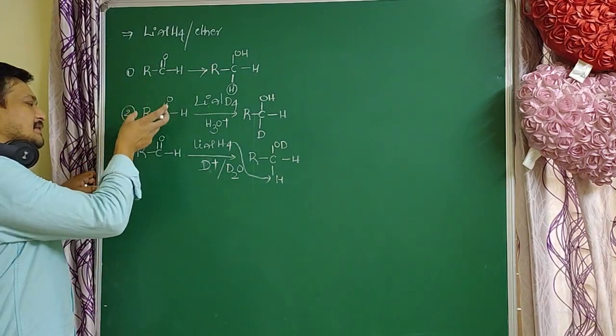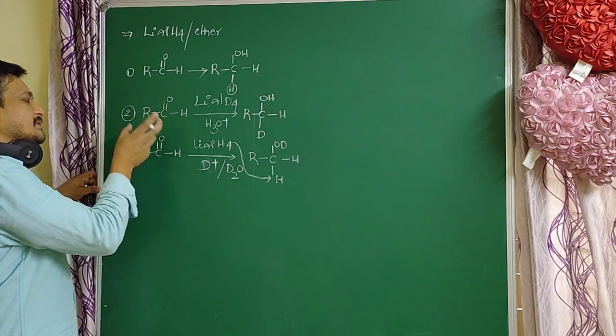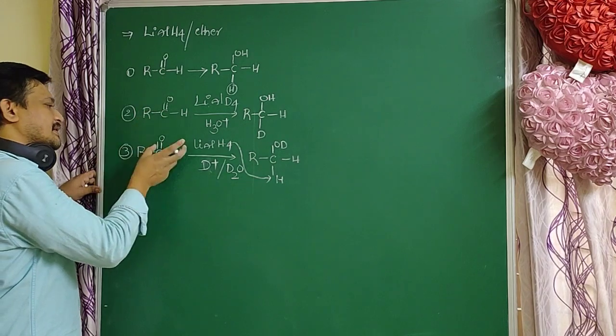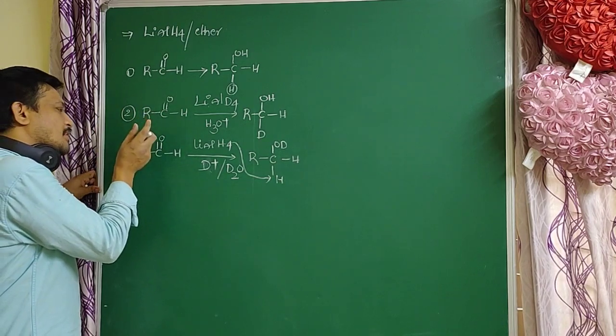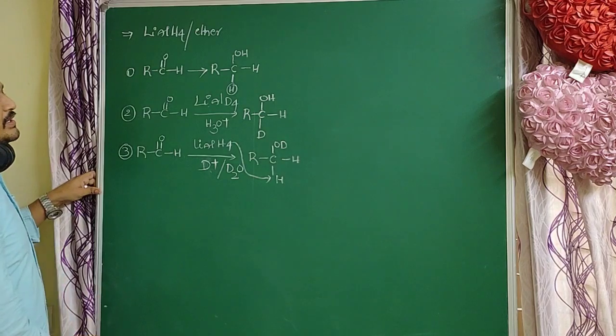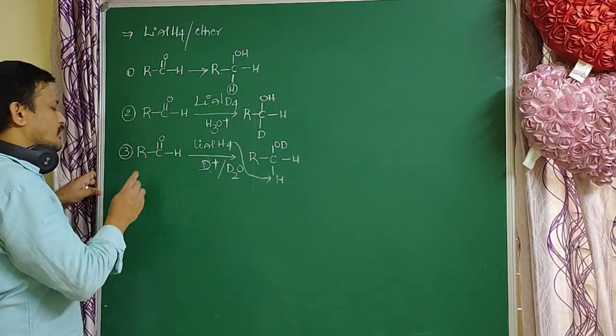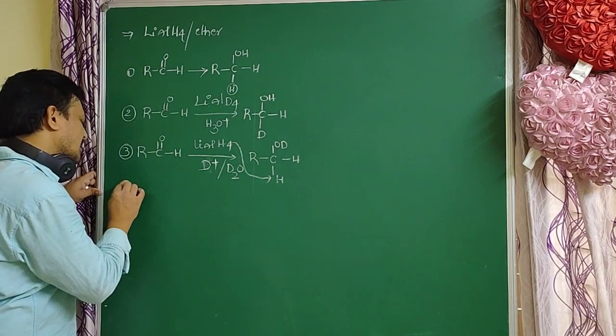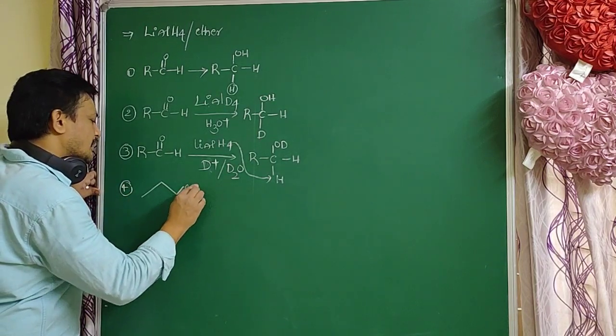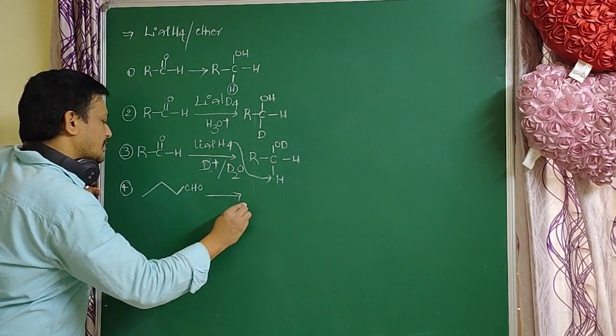These reactions are redox reactions, reductions. These reactions are called reduction reactions and also nucleophilic addition reactions. Whatever the aldehyde may be, aldehydes convert to primary alcohols.